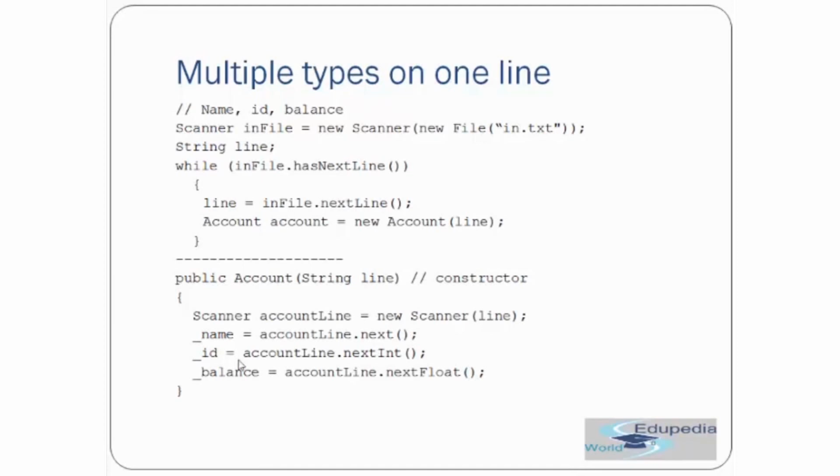We read the whole line using nextLine, and then pass this complete line while creating an object of the Account class, using new Account(line). In the Account constructor we take the line and create a scanner object, parsing that line on the basis of name, ID, and balance. So this is another way of doing the same thing.